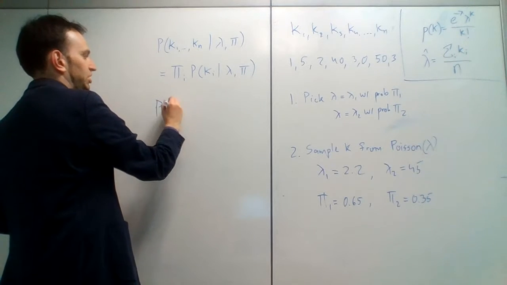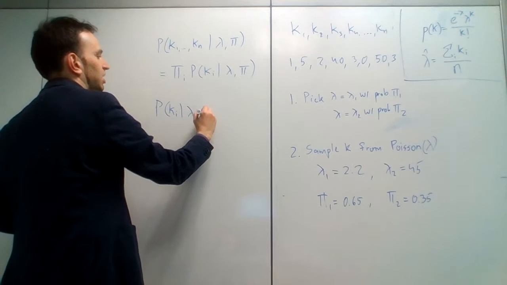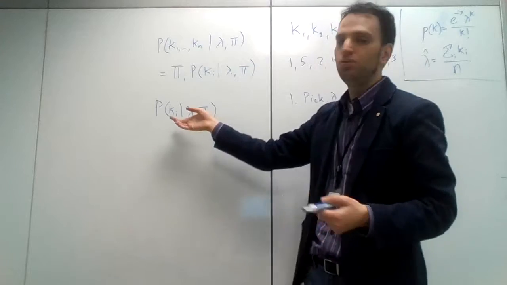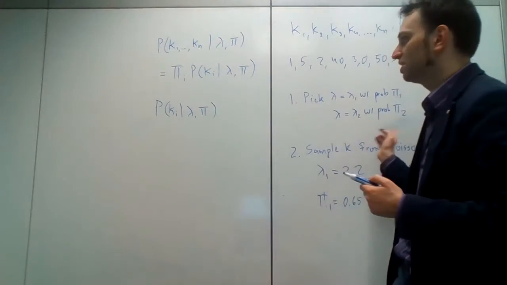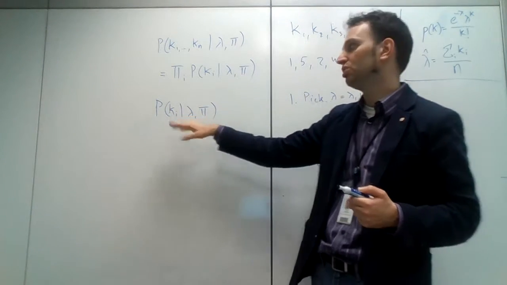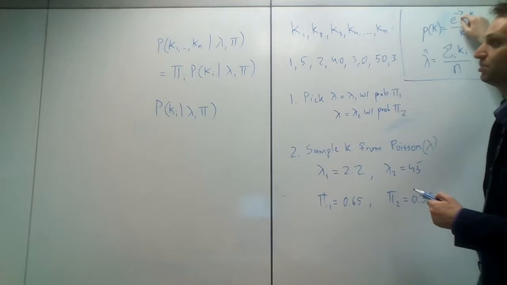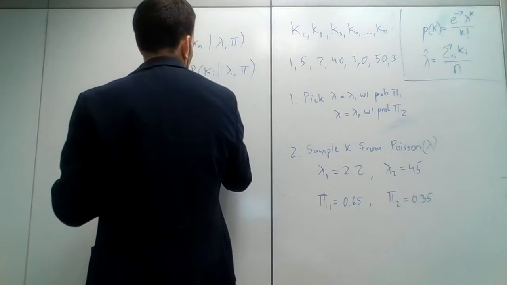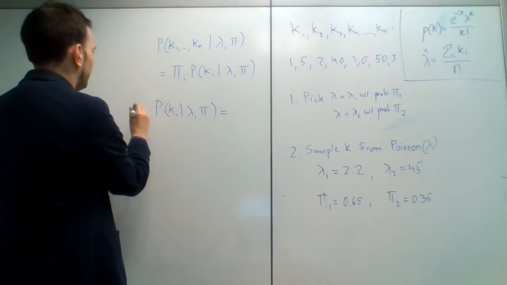So what is p of ki given lambda and pi? Well, the problem is we don't know, at least not yet, because we don't know which of the lambdas ki came from. So we don't know what to plug in for the lambda. What can we do? We'll use a trick where we introduce a variable.